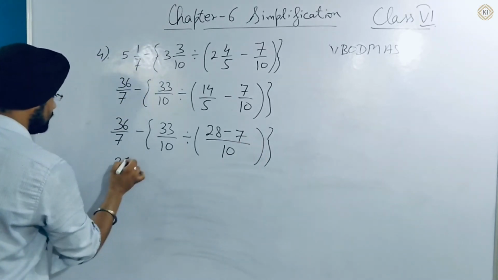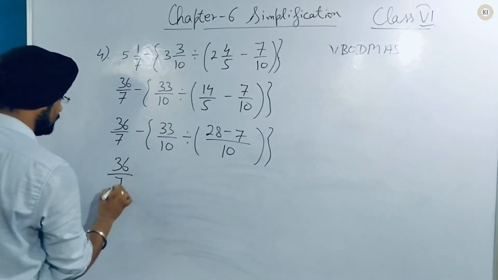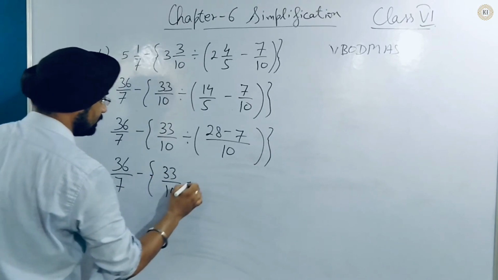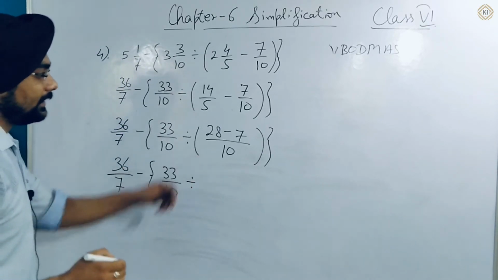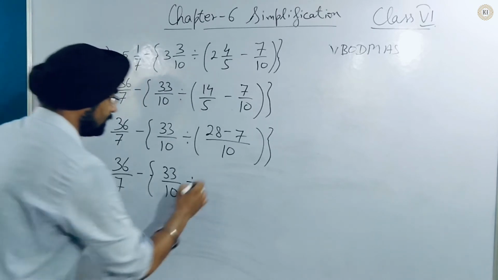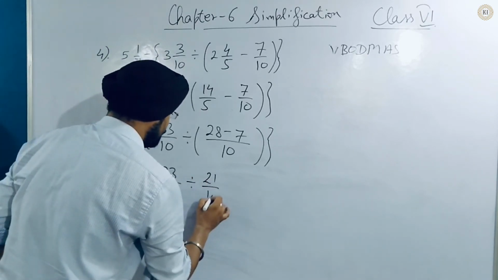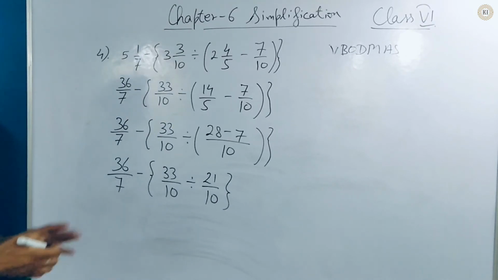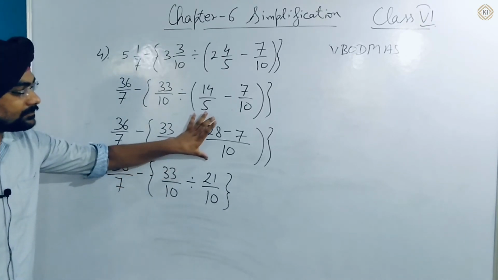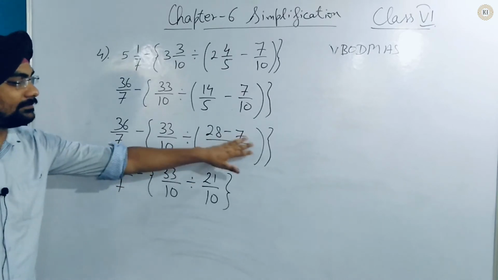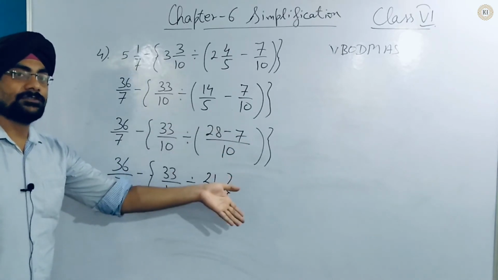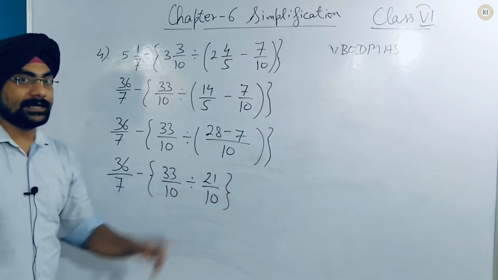It will be 36 upon 7 minus 33 upon 10, divide 28 minus 7, it will be 21 upon 10. One more very important thing: when we have solved this bracket, the bracket sign will also be removed side by side, so the bracket sign is removed.